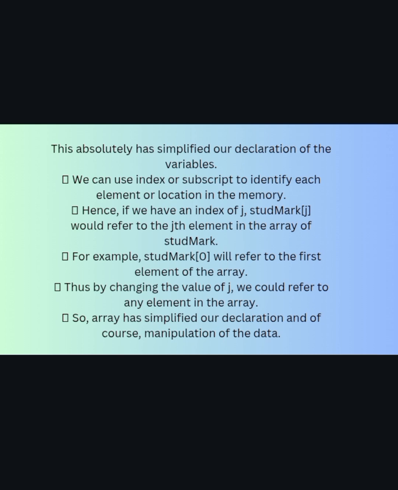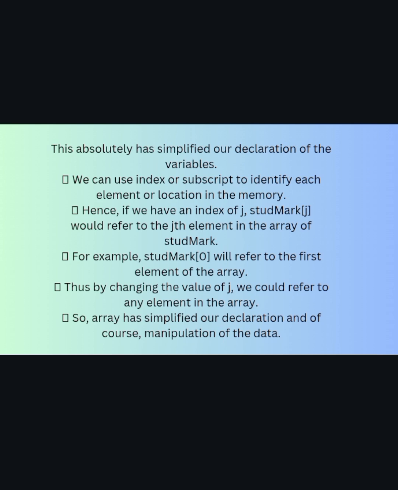This figure shows all of the array information. This has simplified our declaration of the variables. We can use an index or subscript to identify each element or location in memory. Hence, if we have any index j, student_mark[j] refers to the jth element in the array.